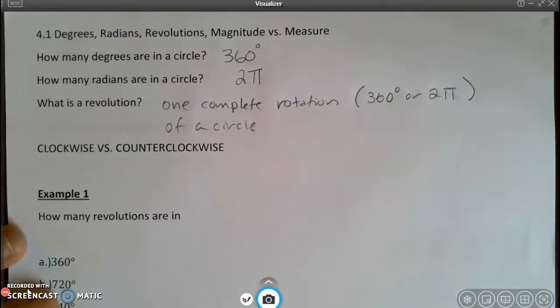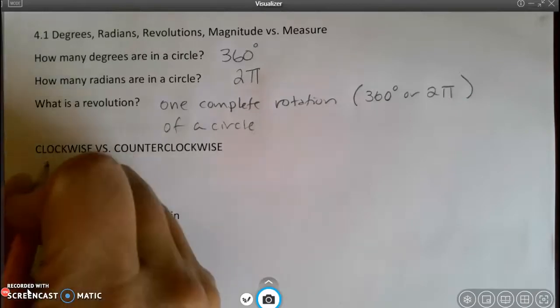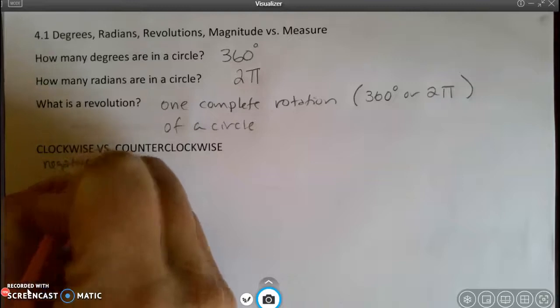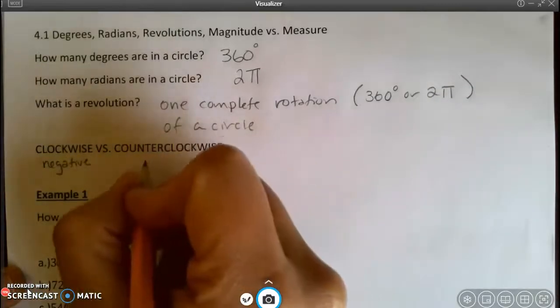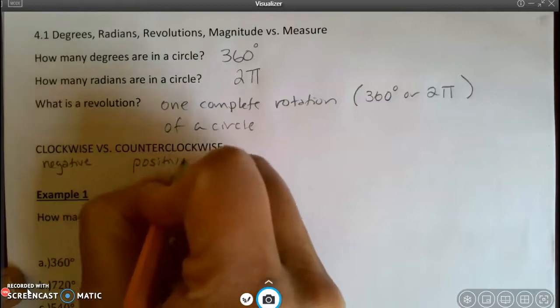When we do a revolution in a circle, we have different directions that we could go. We can go clockwise. When we go clockwise, that is actually the negative direction. Or we can go counterclockwise, which is the positive direction.